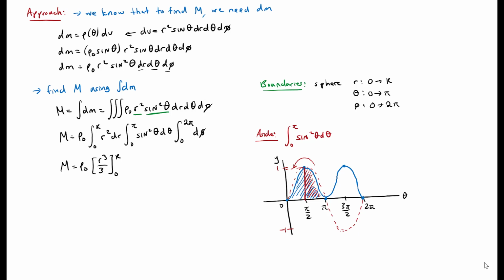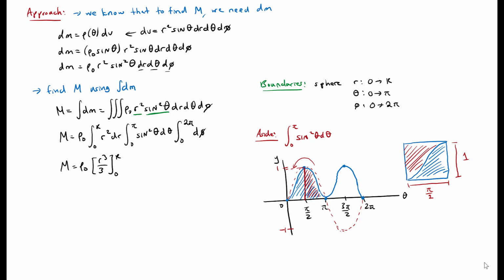This should give me some sort of rectangle, like that. So this was the blue area and this is the red area. We know that the length here is pi over 2, and we know that the height is 1. So the total area is just pi over 2 times 1.